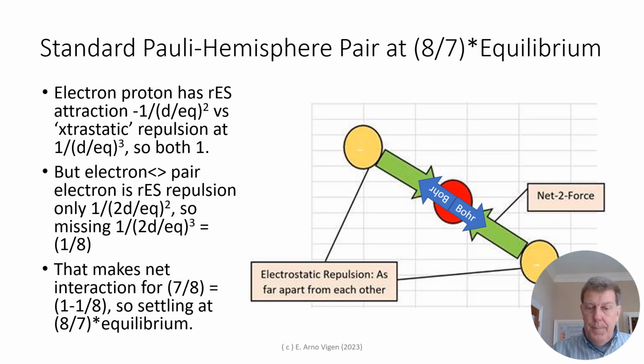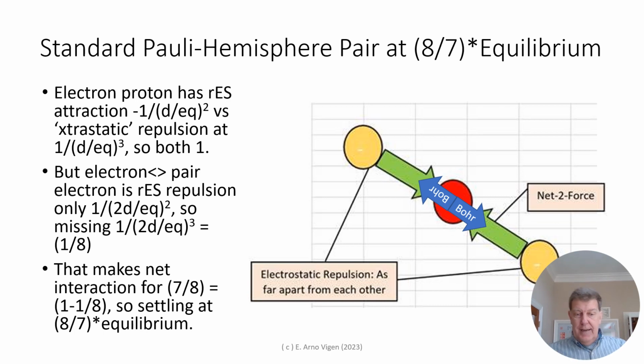The electrons have radial electrostatic repulsion, and that's what pushes this so far away. It does not, though, have this extra 1 over r. So you're missing 1 over 2d versus the equilibrium cubed. That's the extra 1 over r, 1/8.